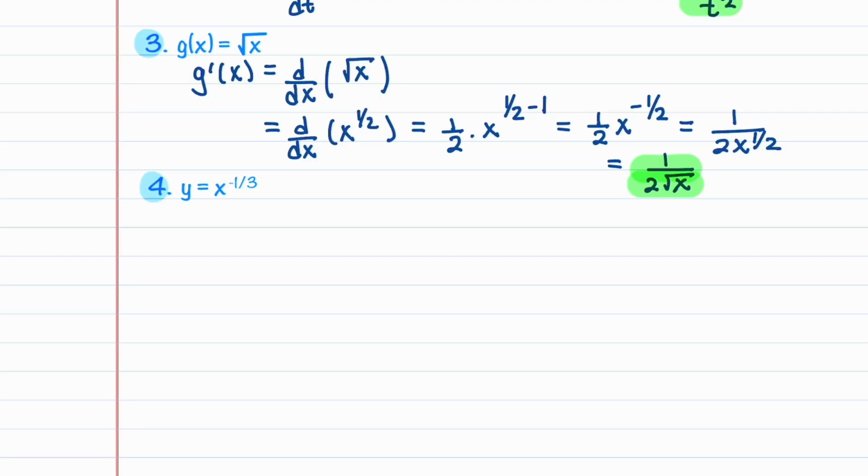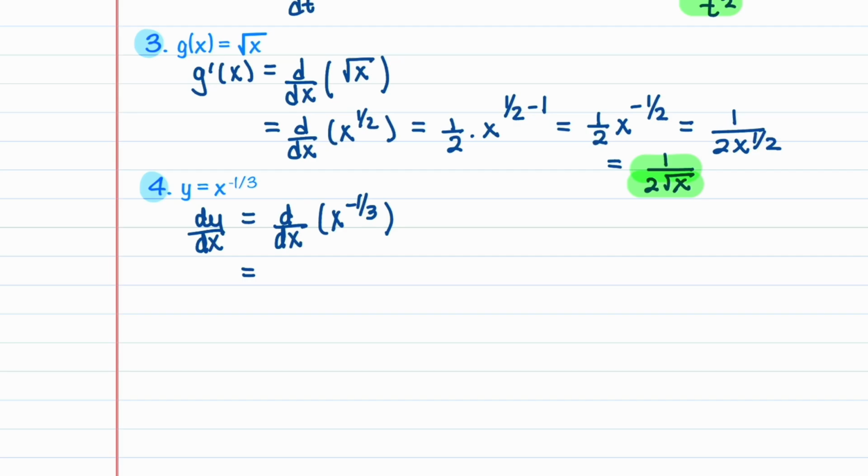For this one, we have the function y is equal to x to the minus 1/3. We're going to take the derivative, so we're going to write this as dy dx is the derivative with respect to x of x to the minus 1/3. Our x is already raised to a power, so we don't have to do anything more.